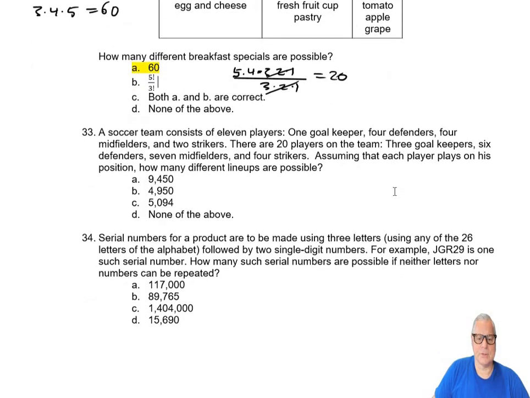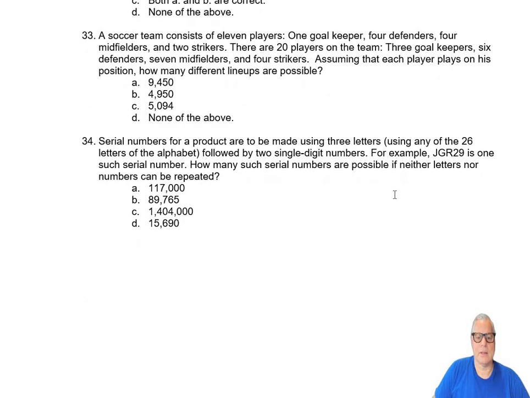Okay, so I think those are the last 2 questions. A soccer team consists of 11 players: 1 goalkeeper, 4 defenders, 4 midfielders, and 2 strikers.